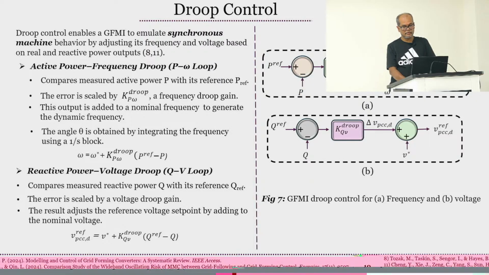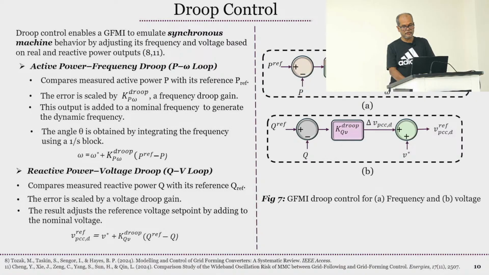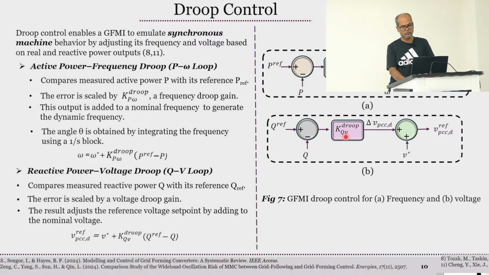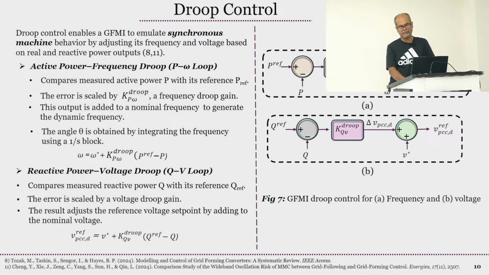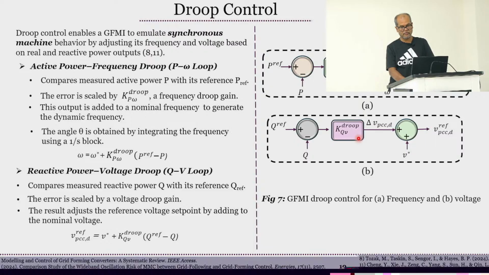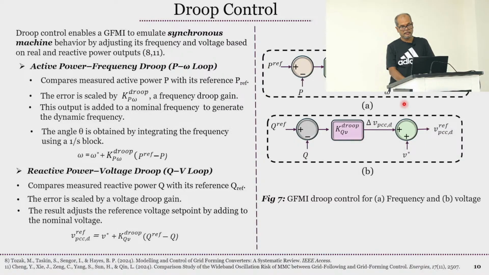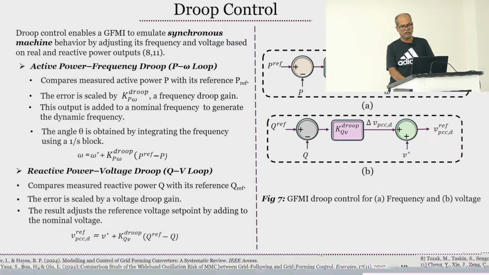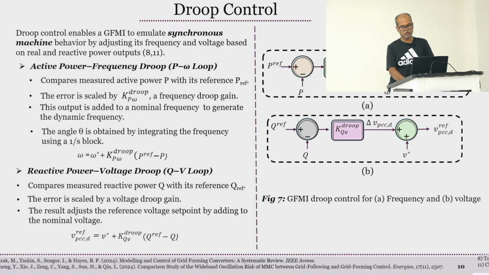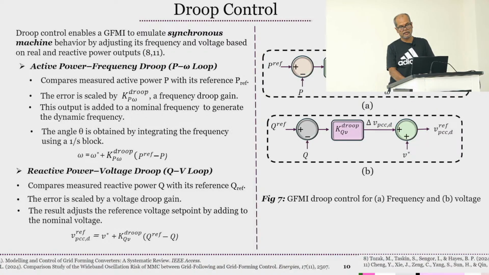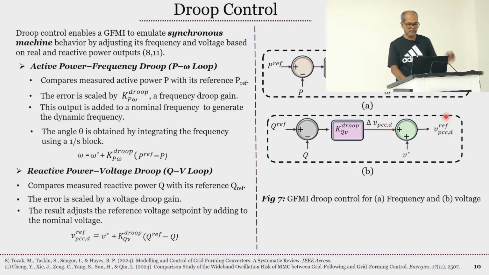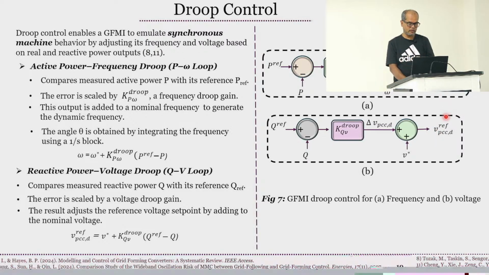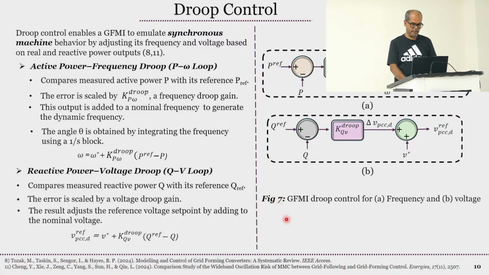Same technique, you just need to find those droop coefficients, and it's a single parameter, it's not that difficult to find out. Then you are giving your voltage and frequency control loop. Again, that's going to give you your theta and voltage reference for the inverter to operate.